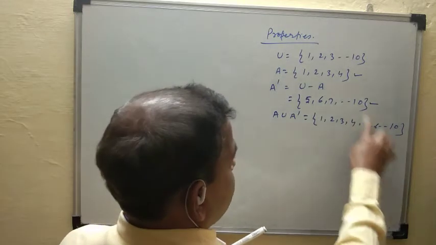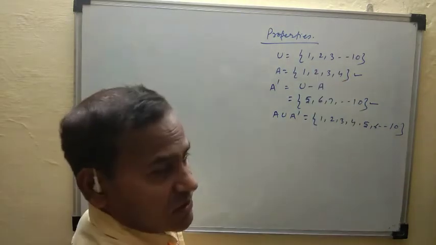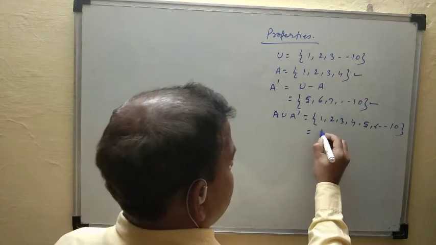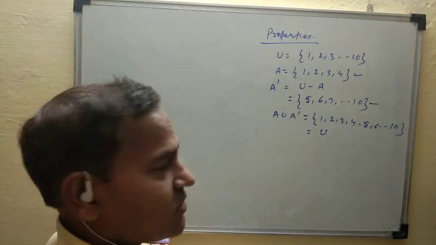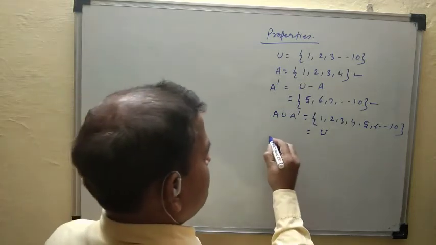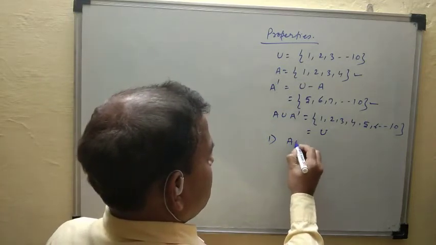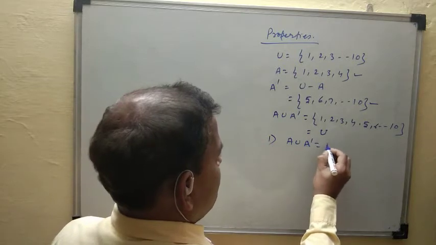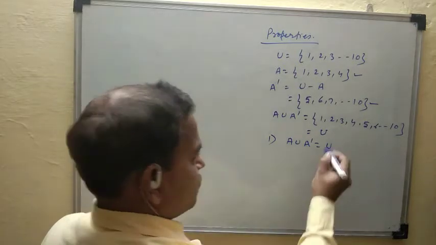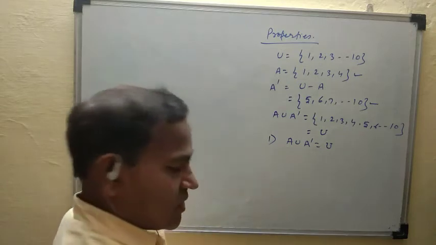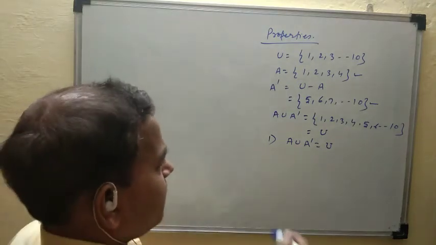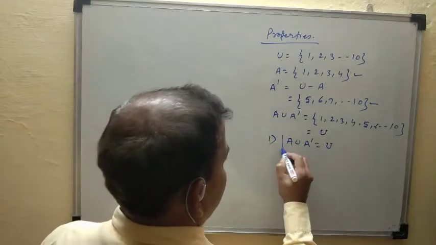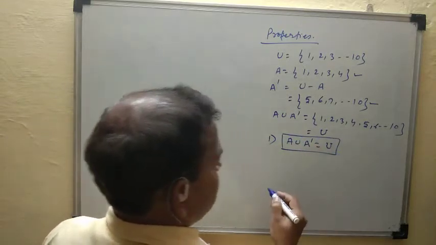And this set is equal to U, the universal set. So this is the first property: A union A dash is equal to U, where U is the universal set.